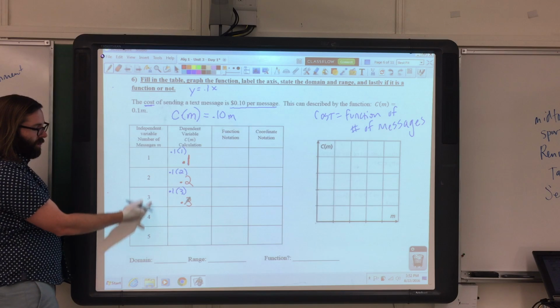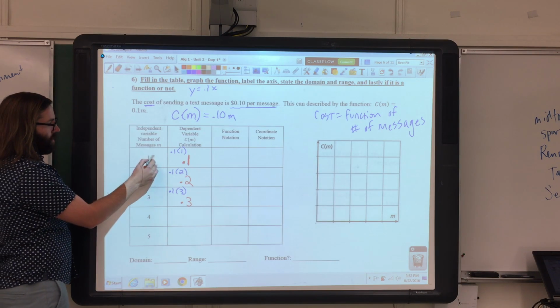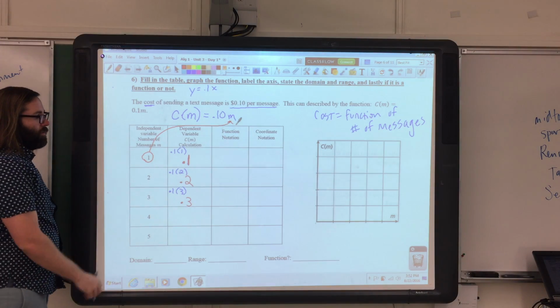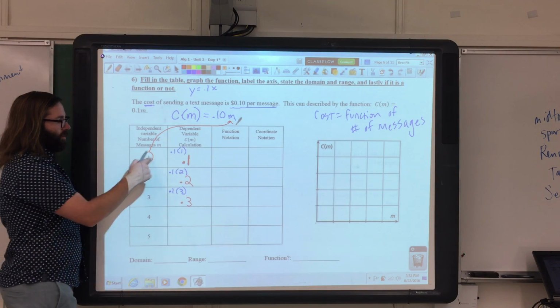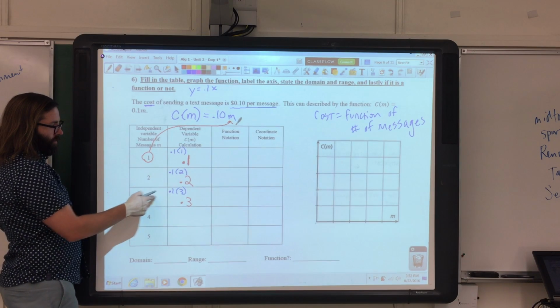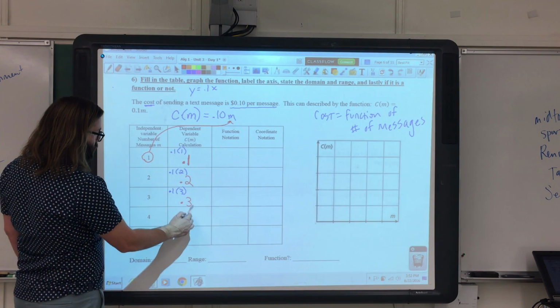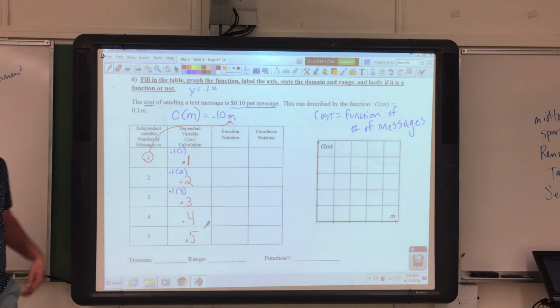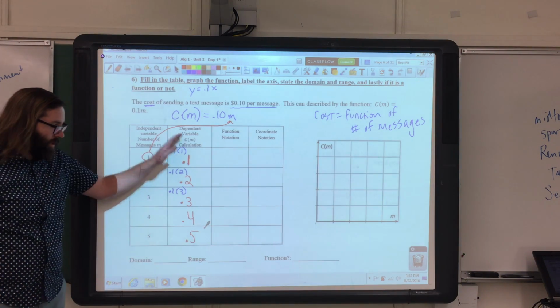Our independent variable here is the m, so we plug this m in right there. 1 message, 2 messages, 3 messages, 4 messages, 0.4, 0.5. If we sent 1,000,000, just follow the pattern.